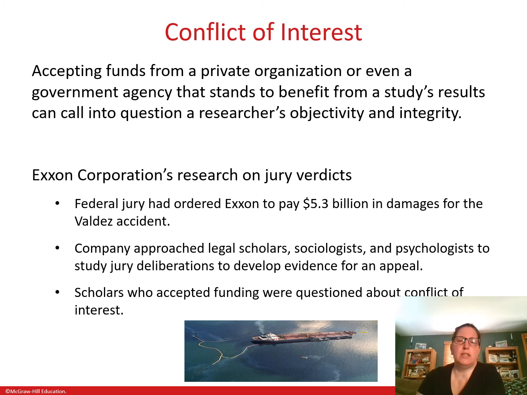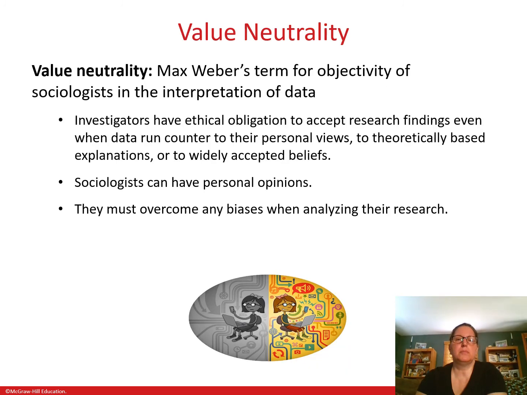The federal jury had ordered Exxon to pay $5.3 billion in damages. The company approached legal scholars, including sociologists and psychologists, to study jury deliberations to develop evidence for an appeal. They were trying to appeal to pay less. So the scholars who accepted that funding were questioned about their conflict of interest. So it's very important to be as neutral as possible.